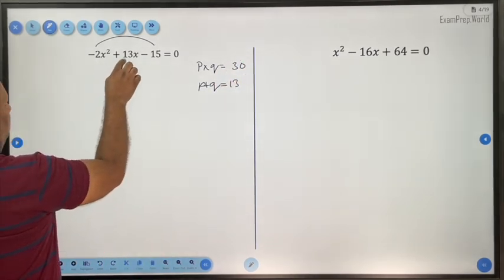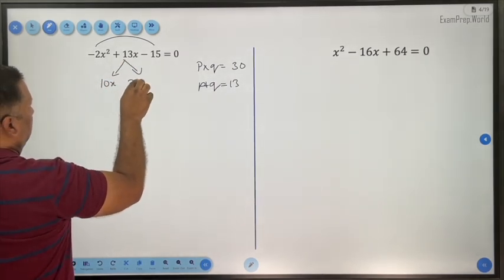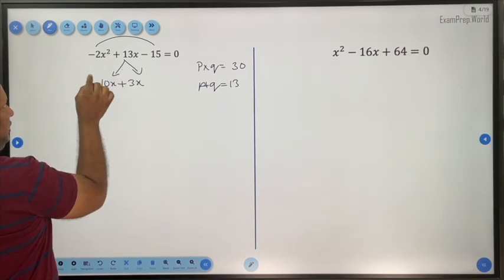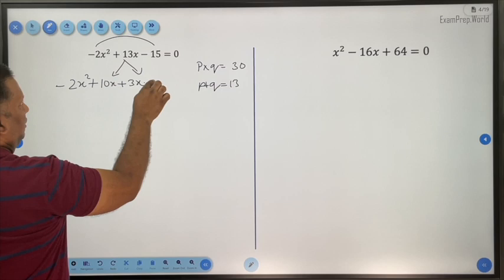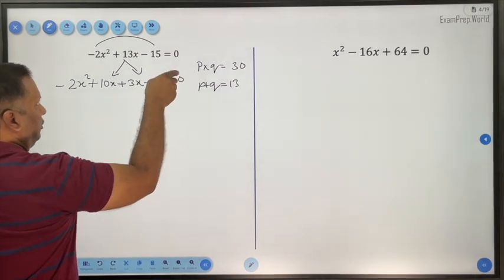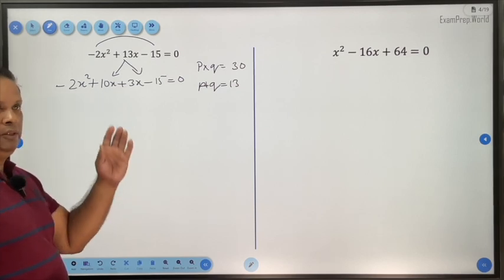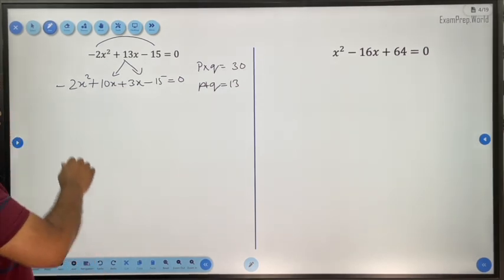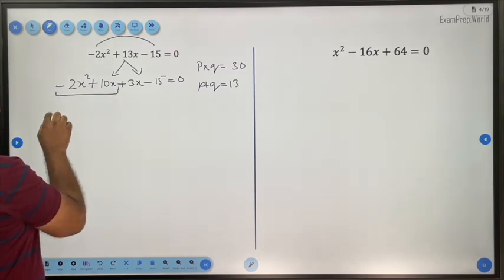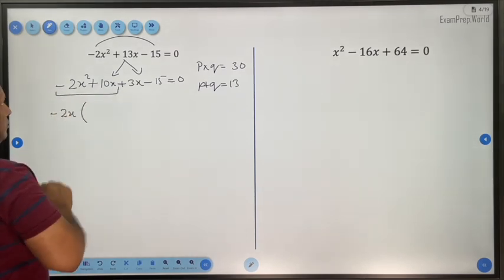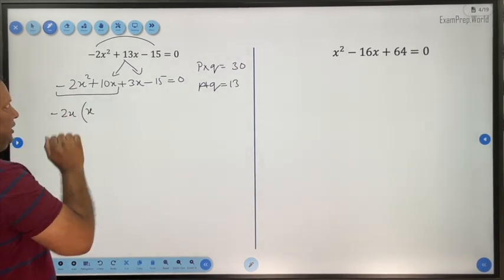So we can split this as 10x and 3x. 10x plus 3x is 13x. We write minus 2x square here, and we write negative 15 here. Our 0 is here. Okay. Now try to take terms common from both sides. From these two, if I take out negative 2x common, negative 2x times what is minus 2x square? x.